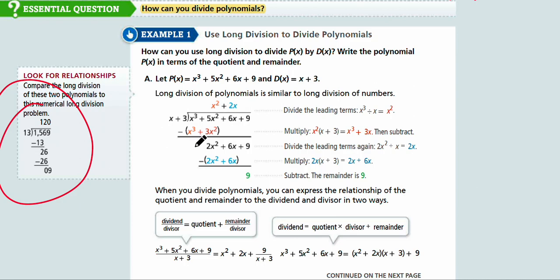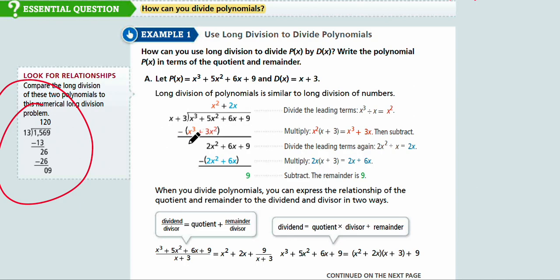You're going to multiply. You're finding the factor that will multiply to make it equal. Okay, so x times x squared would be x cubed, and then once you figure that out, you have to multiply this term by your whole binomial, because you're not dividing it by just x, but by this binomial, right? So x squared times x plus 3 would give you x cubed plus 3x squared.